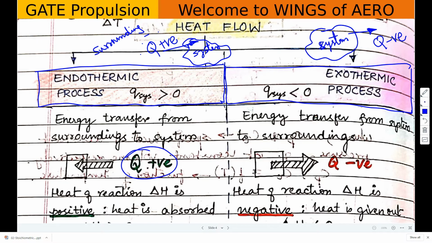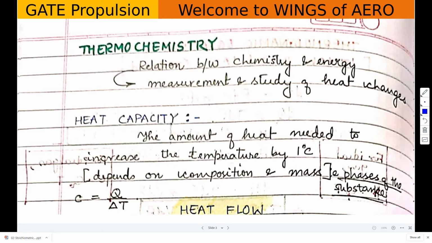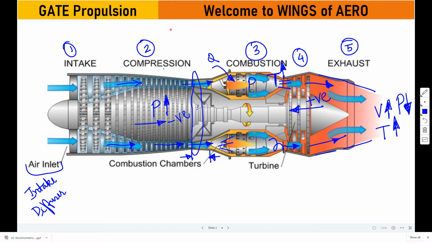The heat addition takes place in the combustion chamber, because of the mixture of fuel and air.